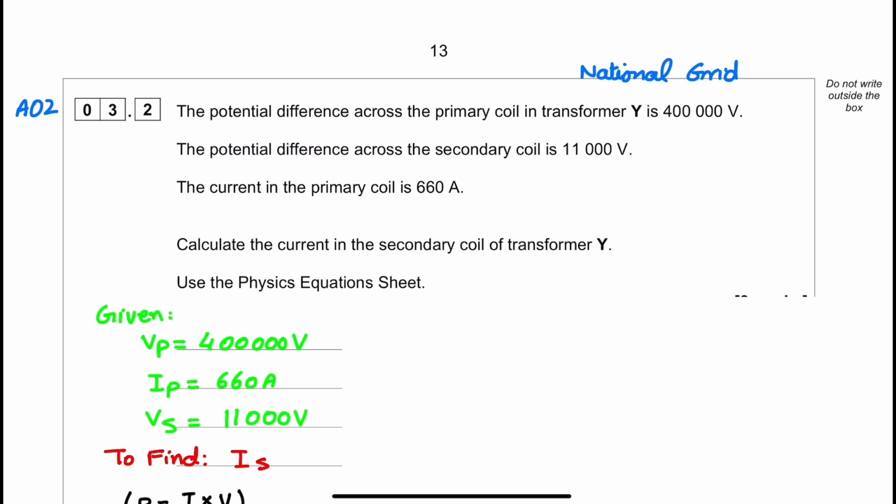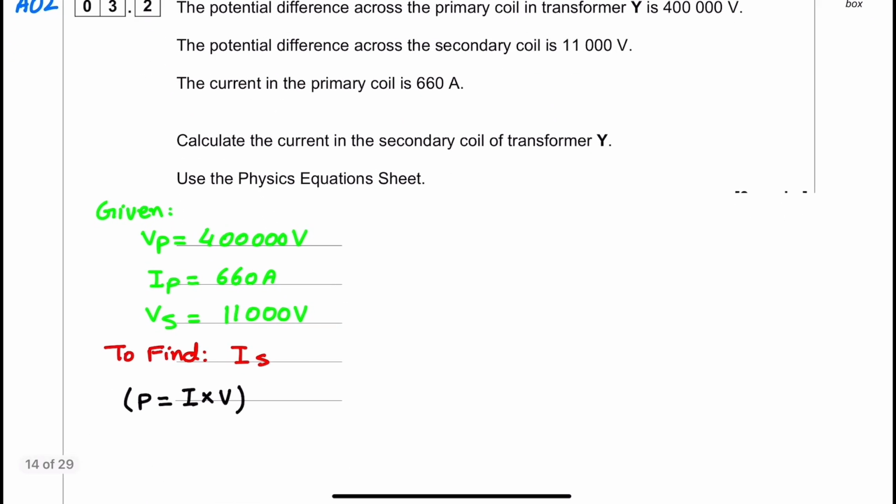A transformer consists of two coils. One is called the primary coil, another is called the secondary coil. So we need to use the concept of power. We know that power is equal to current times potential difference. We have the potential difference across the primary coil, that is 400,000 volts.